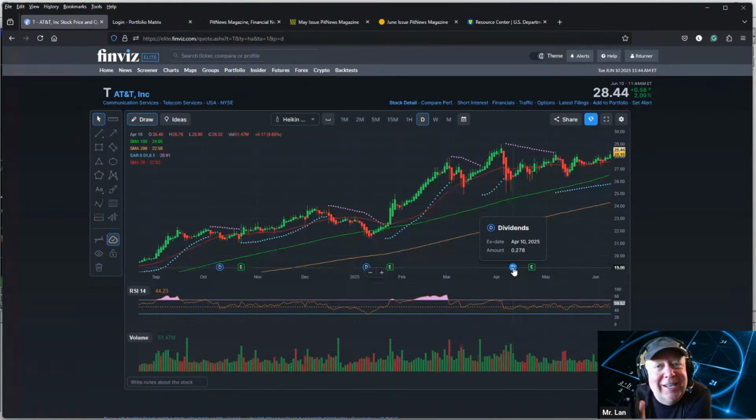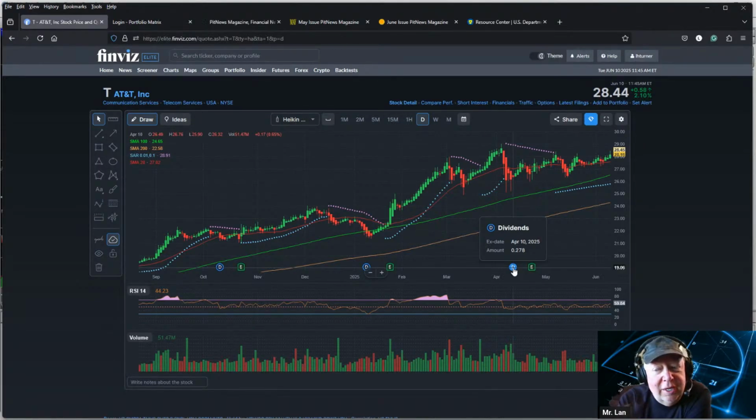So they're going to give you $98 on your $10,000 investment in AT&T. They're going to give you $98, not every month, every 3 months. So you have to divide that by 3 to compare apples to apples. That's $32 a month versus Palantir giving you $1,000 a month. Okay, that's the difference.